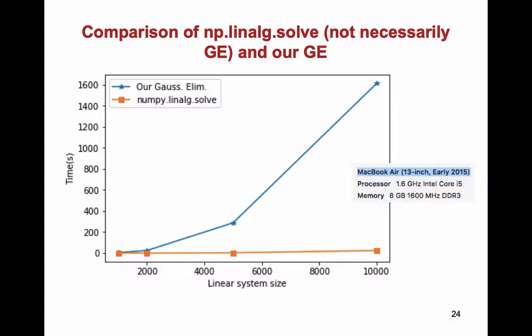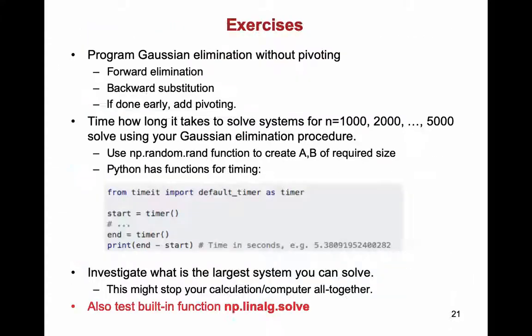Yes. Four times, create random matrix A and random B of this size, and then solve with Gaussian elimination that we just had. Are you going to upload the file? Yes, I will upload the file. That's not a problem. And this is how you time things. Okay?